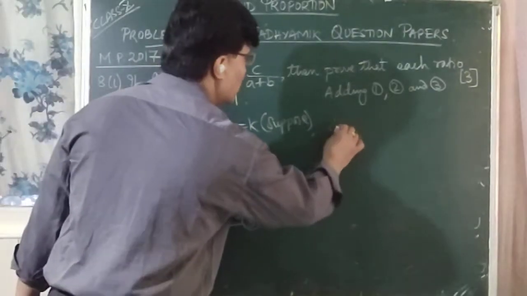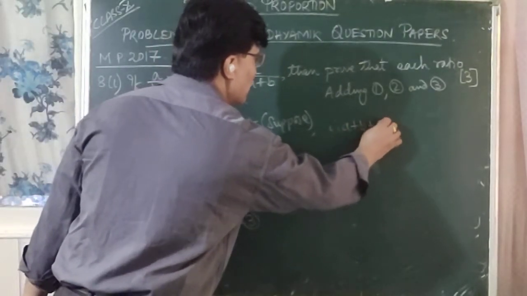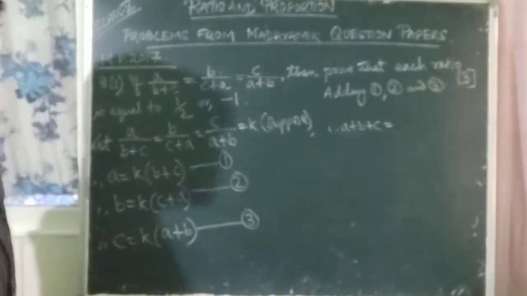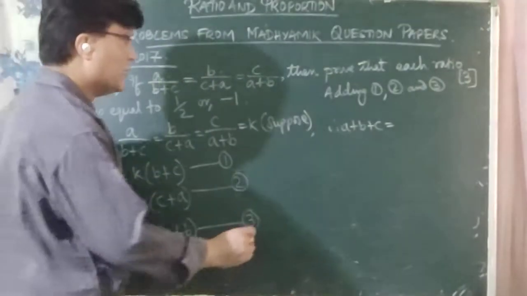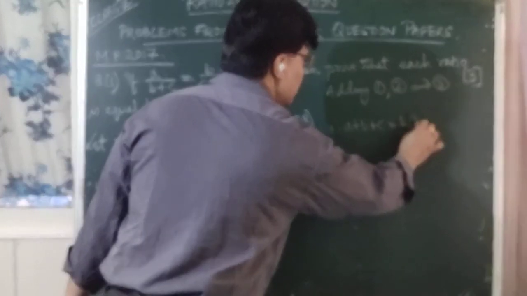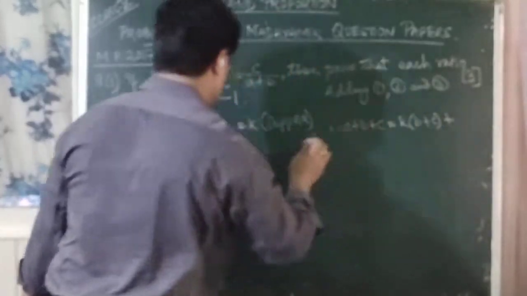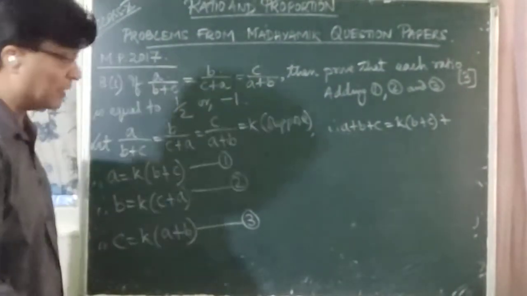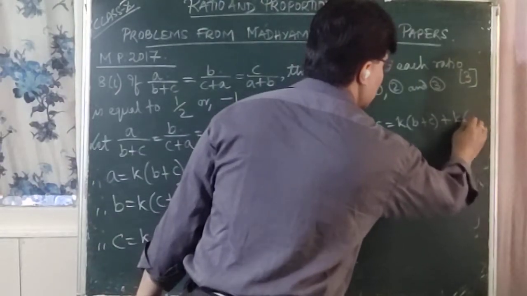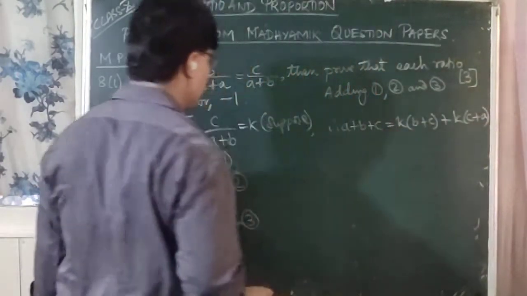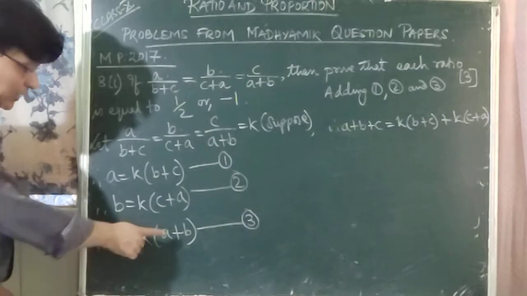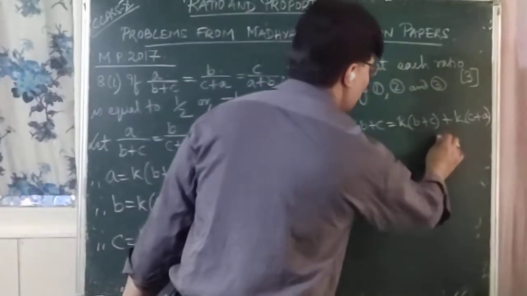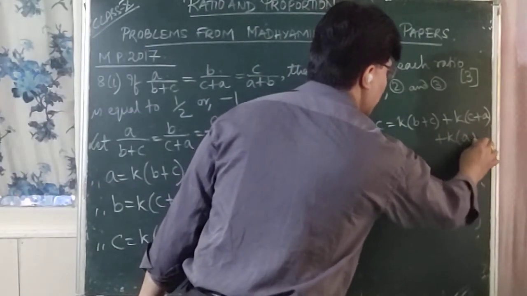That means we get A plus B plus C is equal to, on the right hand side, K into B plus C plus K into C plus A plus K into A plus B.